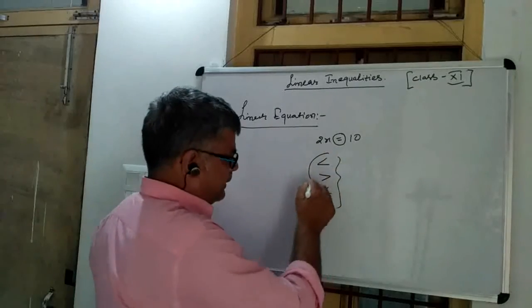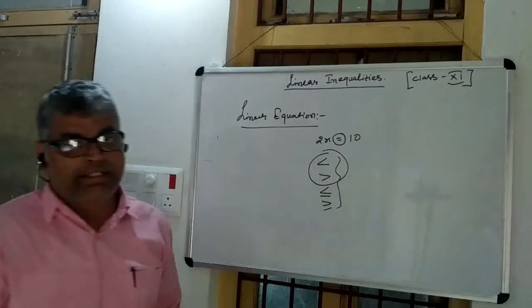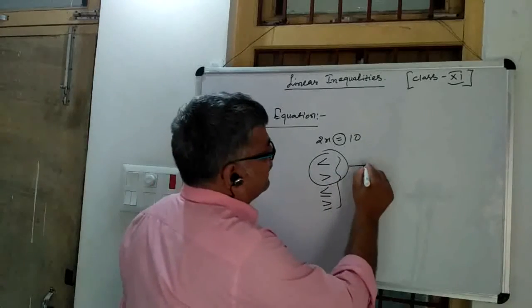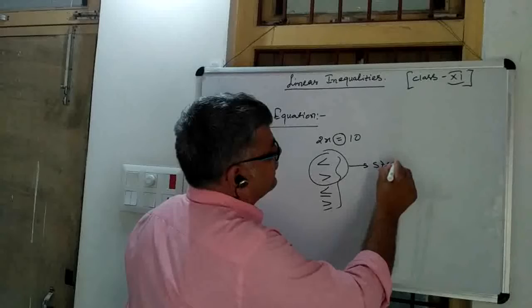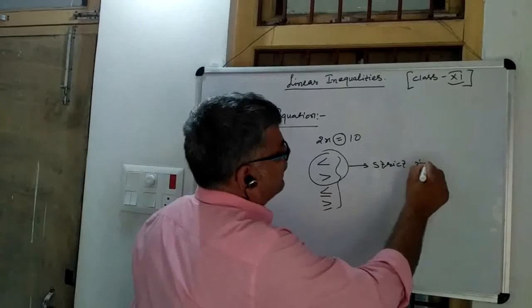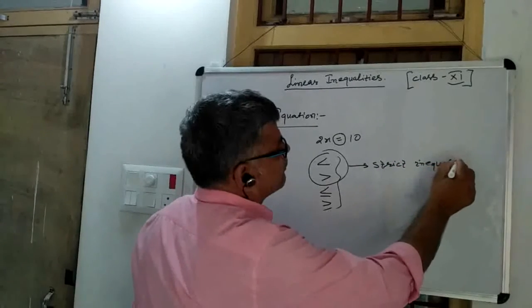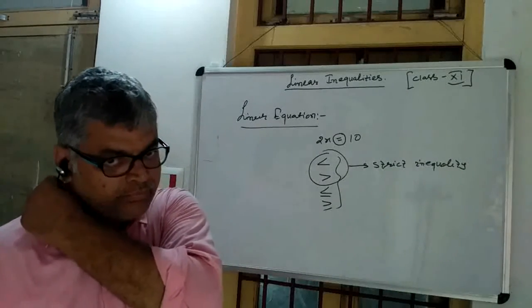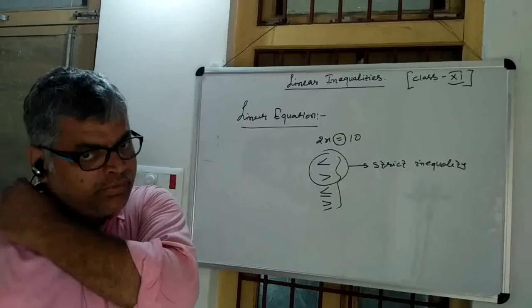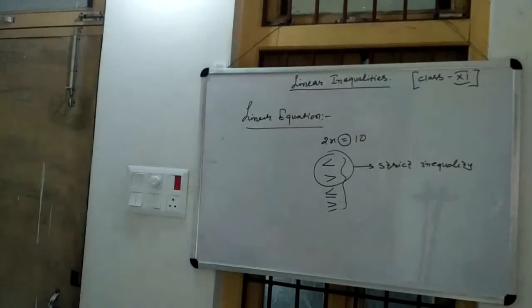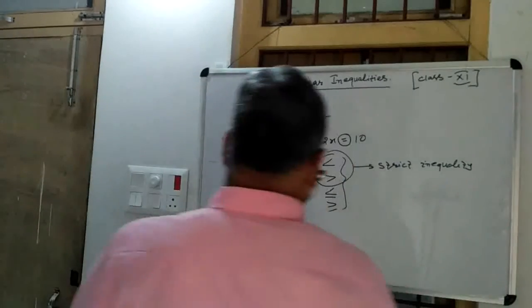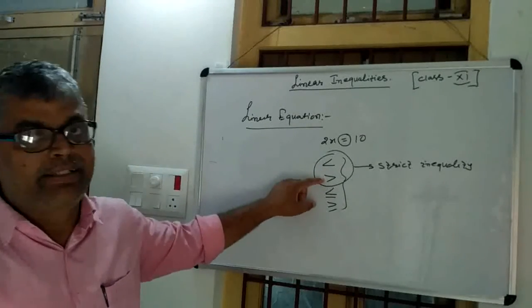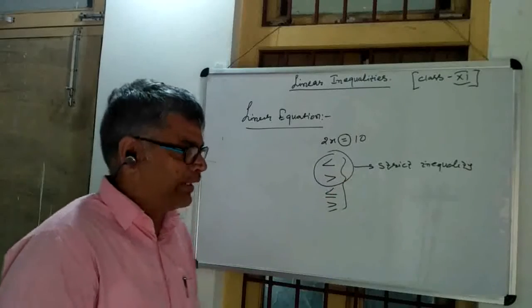These two cases of smaller than or greater than are known as strict inequality. So these two symbols, when it is less than or greater than, are known as strict inequality.